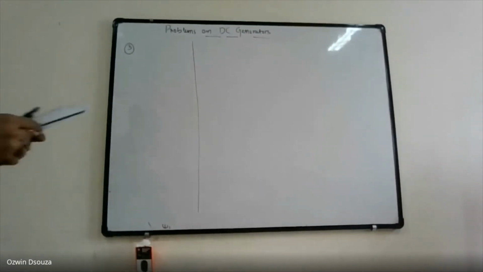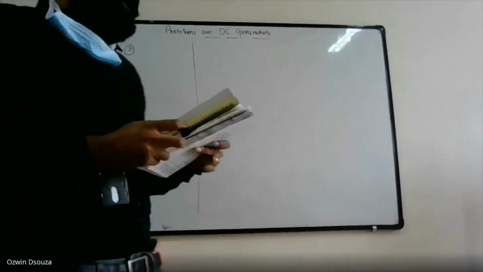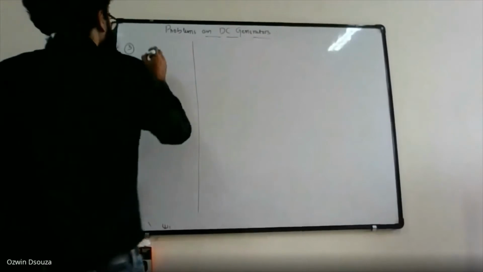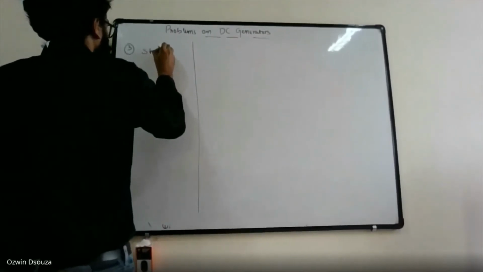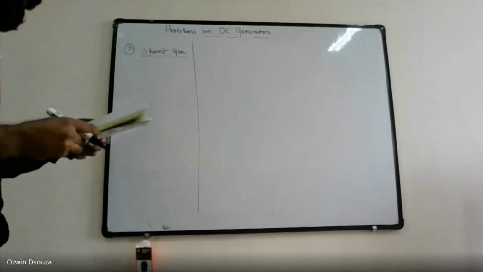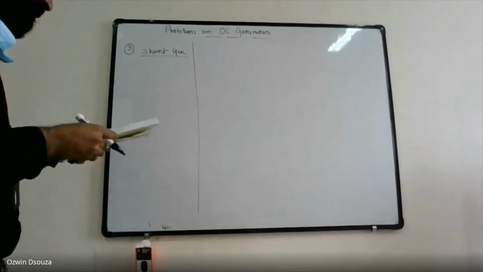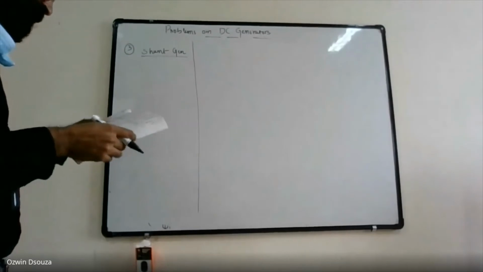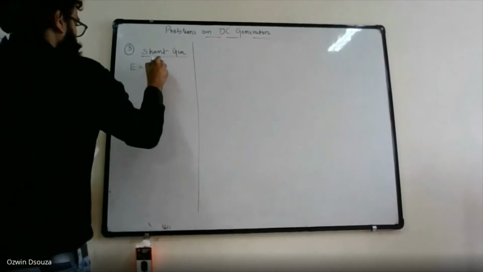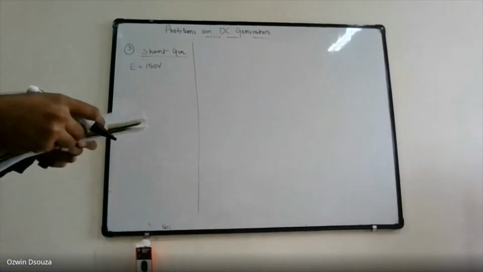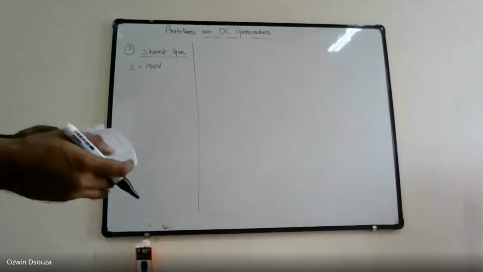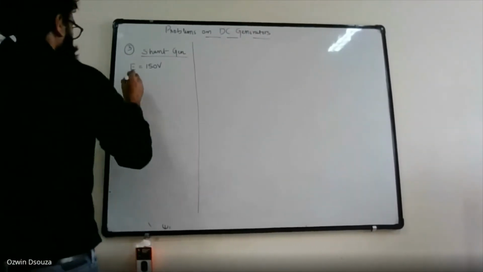It says a shunt generator has a no load induced EMF of 150 volts. So induced EMF at no load is 150. When it is loaded, the terminal voltage decreases to 140.